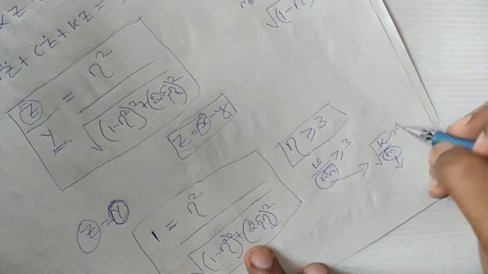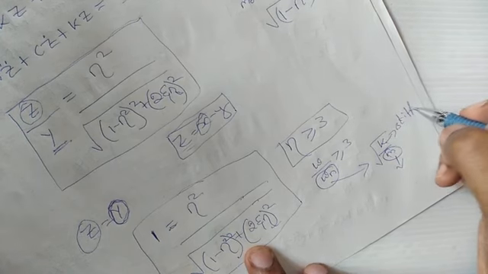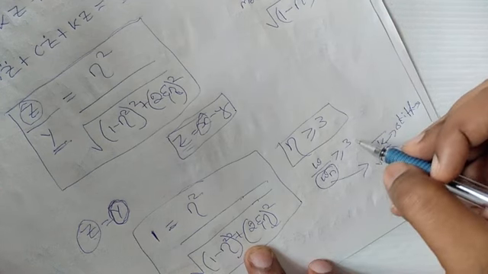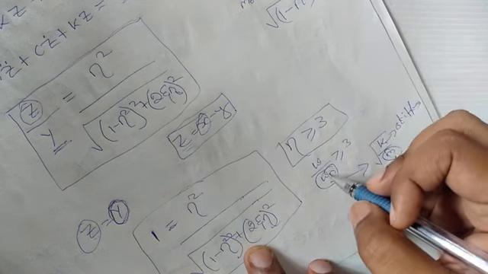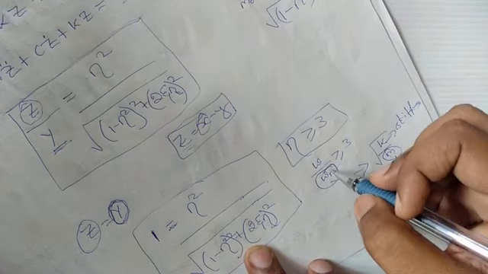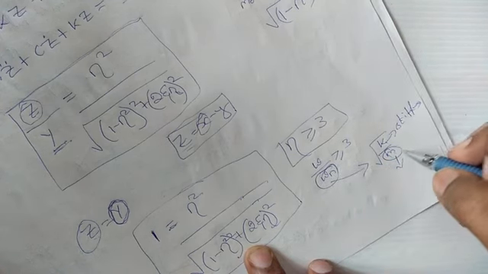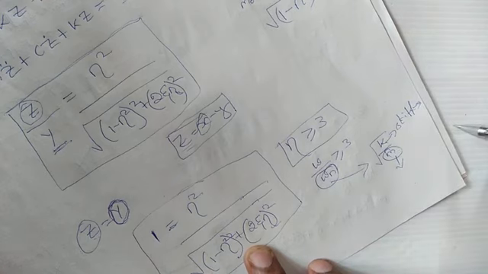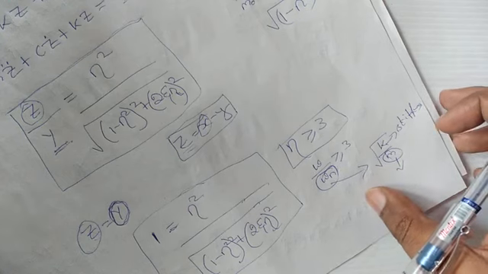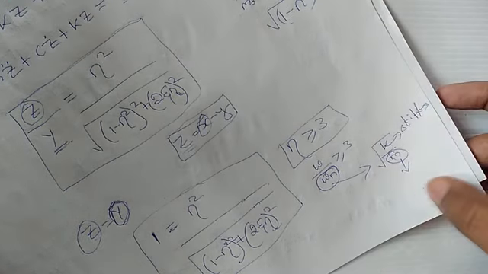So for omega by omega n greater than or equal to 3, this omega n should be smaller. For omega n to be smaller, this mass should be larger. So you don't want to use a very big, huge seismic mass.